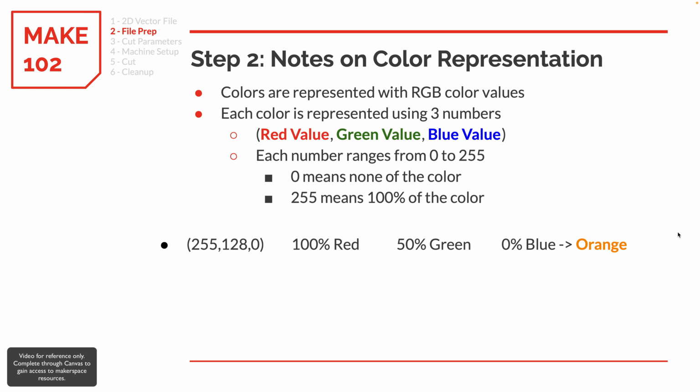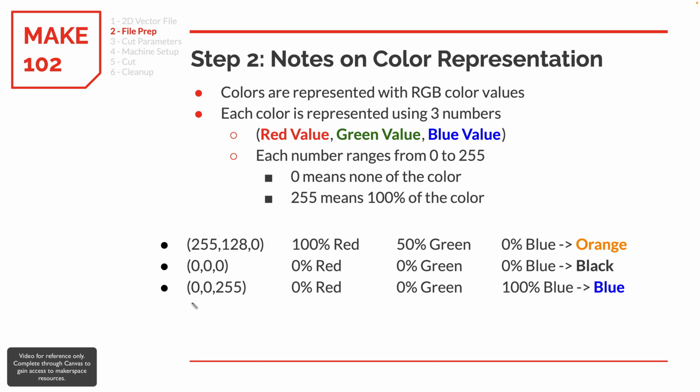So let's take a look at this example right here. We have the set 255, 128, 0. That means 255 is 100% of red, 128 is 50% of green, and 0 is 0% of blue. So this gives us the color orange. If we have 0, 0, 0, that's 0% red, 0% green, 0% blue, so that is black.